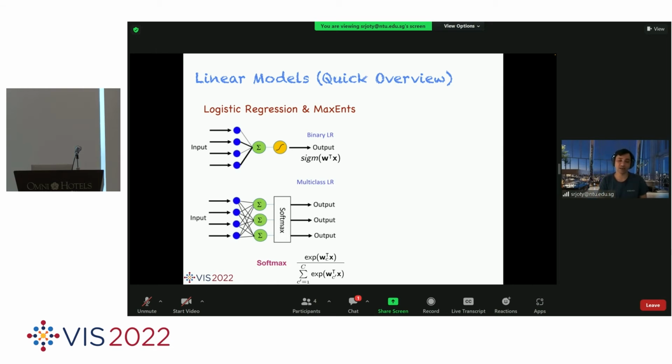That means we'll have 5 different weight vectors, one for each of these classes, and we need to do the softmax to get a valid probability distribution that has the numerator that is converting this linear combination to a positive value, and then the denominator is just summing up over all the classes to normalize these values between 0 and 1.